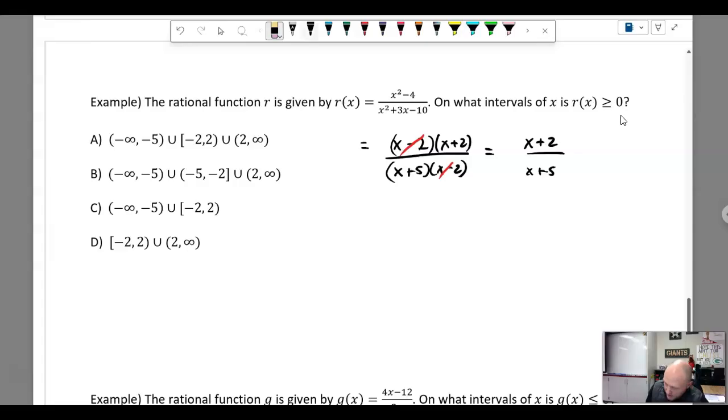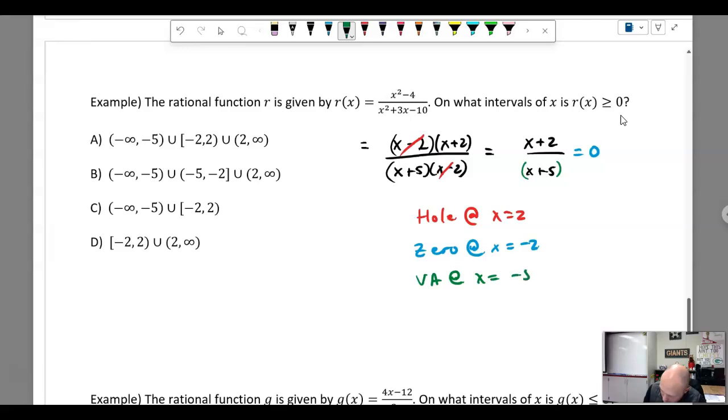So we have a hole at x equals 2. When I set the numerator equal to 0, I just get x plus 2, so we're going to have a zero at x equals negative 2. And for the factor in our denominator, we're going to have a vertical asymptote at x equals negative 5.